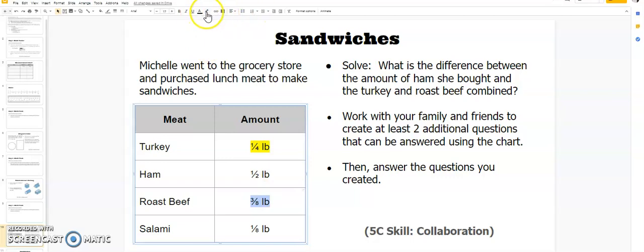So I'm going to add these together, and then I have to subtract my sum from 1/2 a pound of ham. In order to do this, of course, I'm going to end up needing to find a common denominator for the 3 fractions I'll be working with.